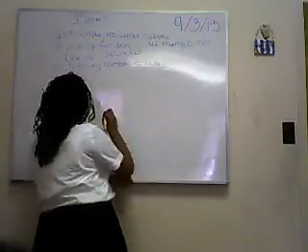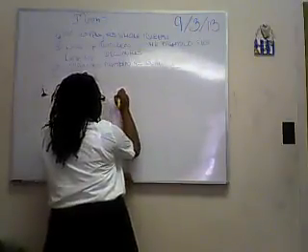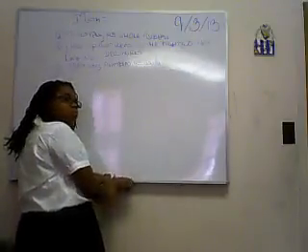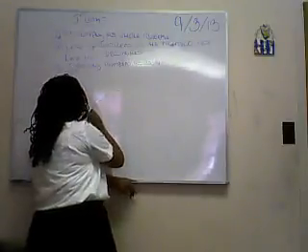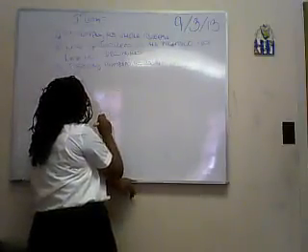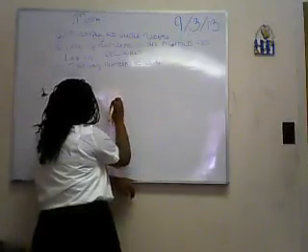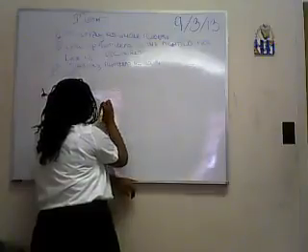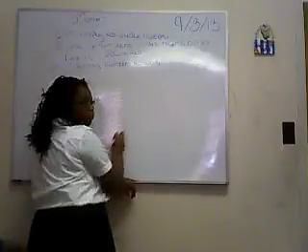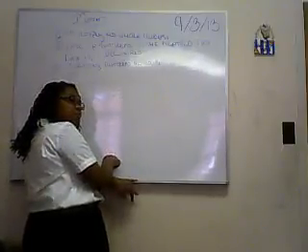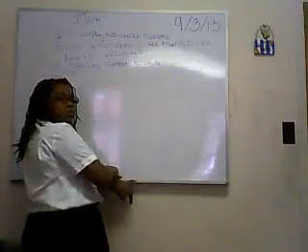Zero point 0.23. 1, 2, 3. 0.06. Do I do it like this? Or no? That's right. That's right. Okay.